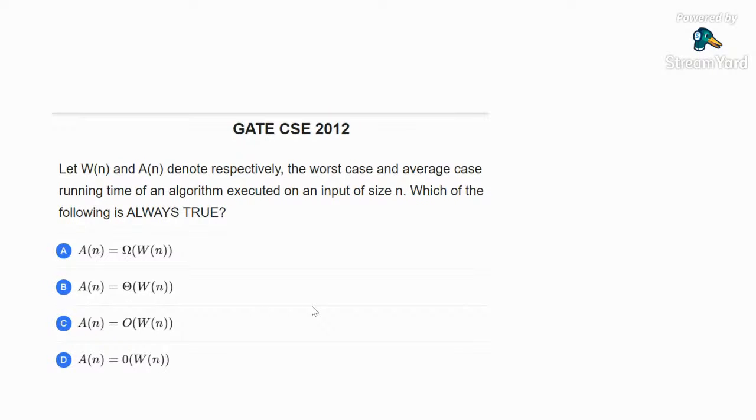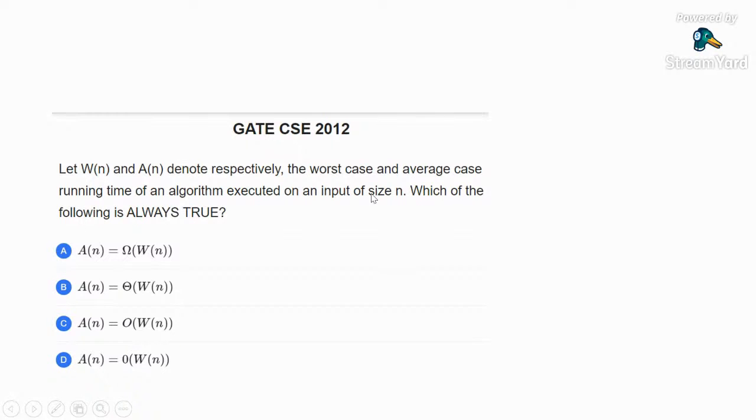So the relationship is: average case running time is less than or equal to worst case running time, where the average case is denoted by A of n and the worst case by W of n.